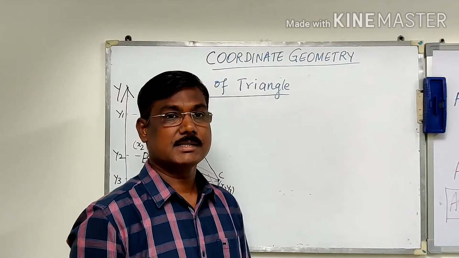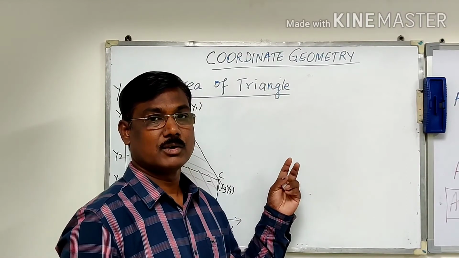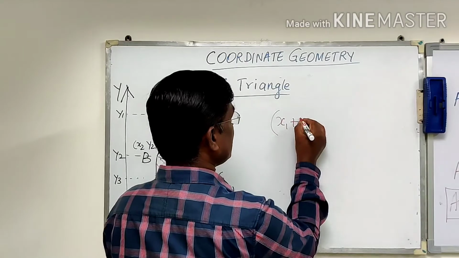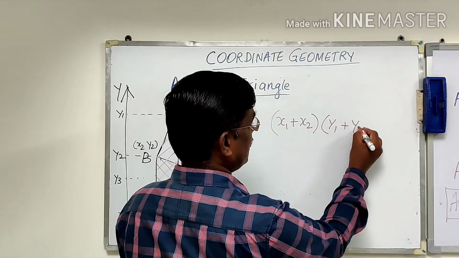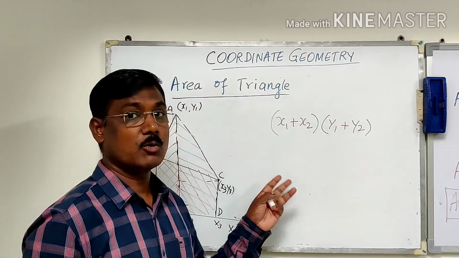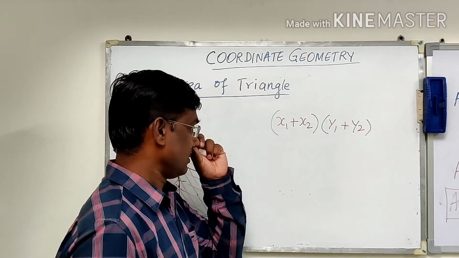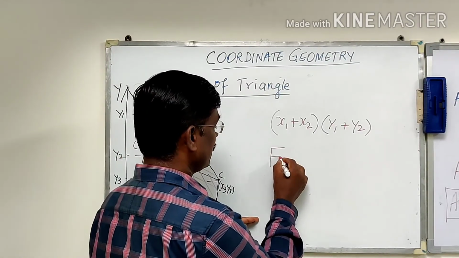Suppose there is a multiplication of two algebraic terms, (x1 plus x2) into (y1 plus y2). Let us see how to multiply this. A method called FOIL is used.